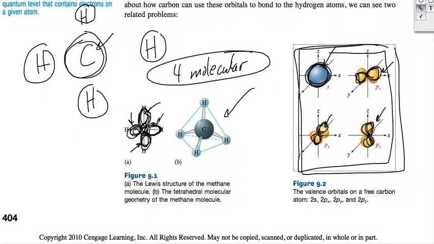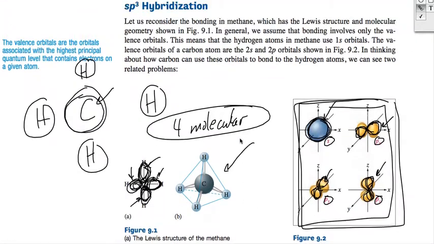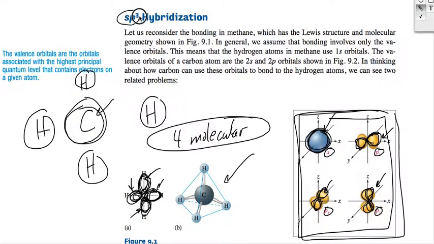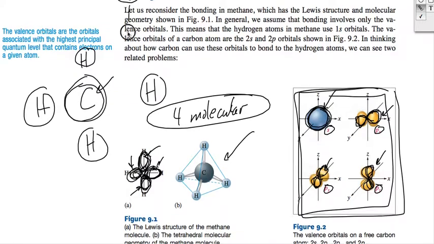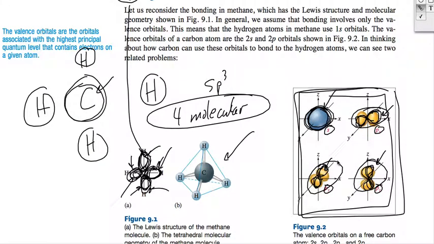These 4 molecular orbitals came from the s and 3 p's, and therefore they are going to be called sp3. There's one sp3, another sp3, another sp3, and another sp3. You're going to have 4 sp3s coming from 4 different atomic orbitals.